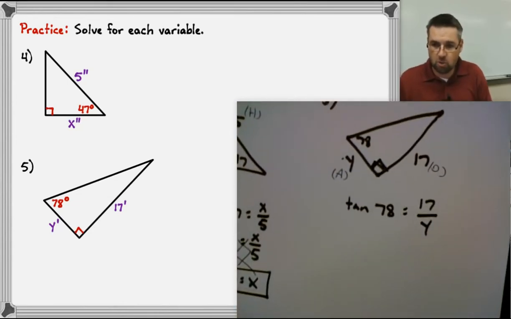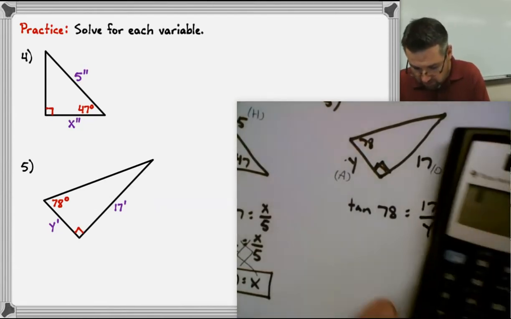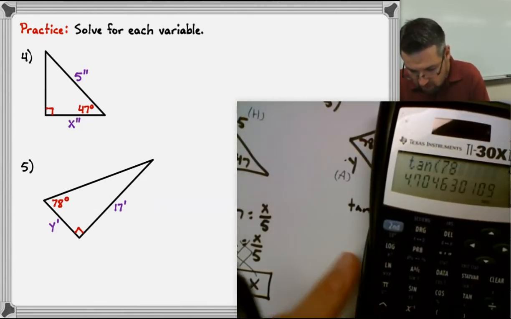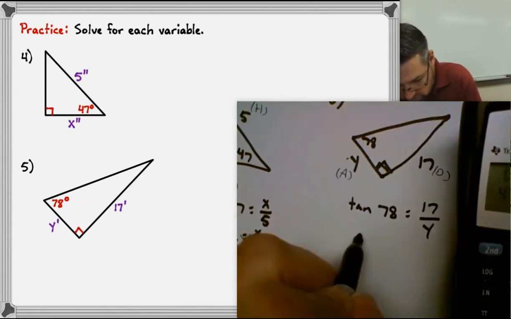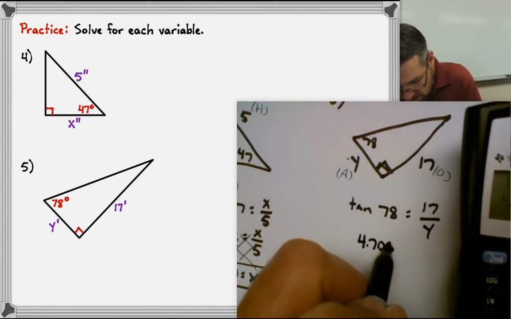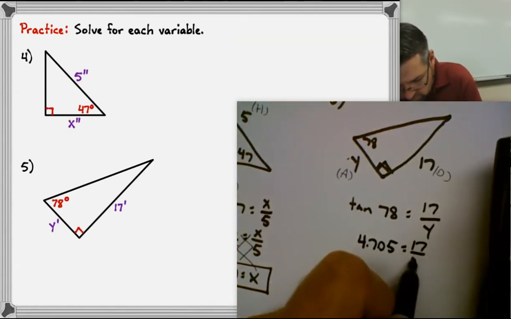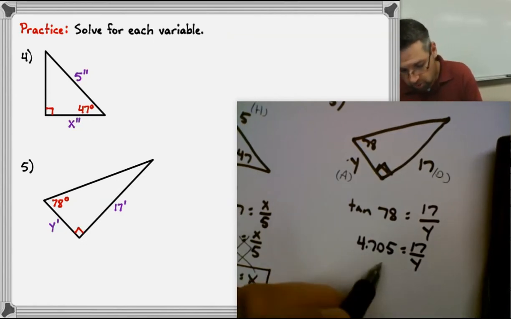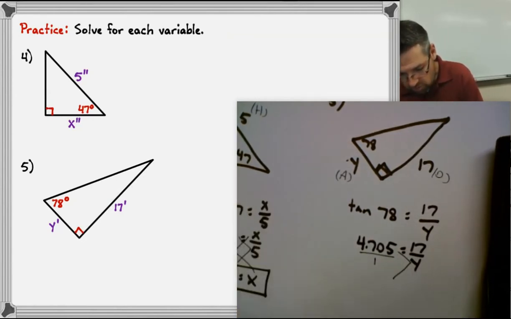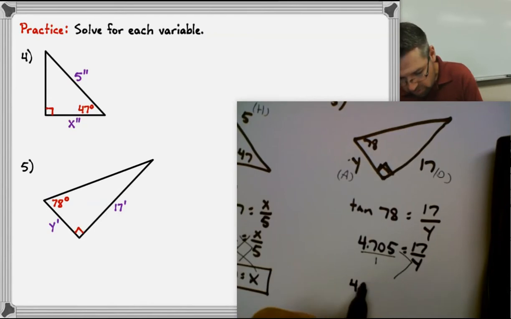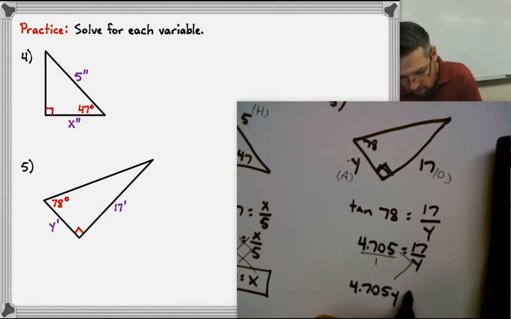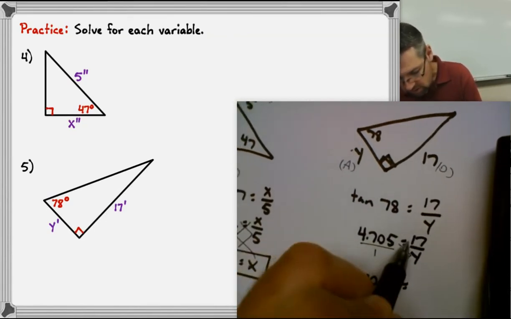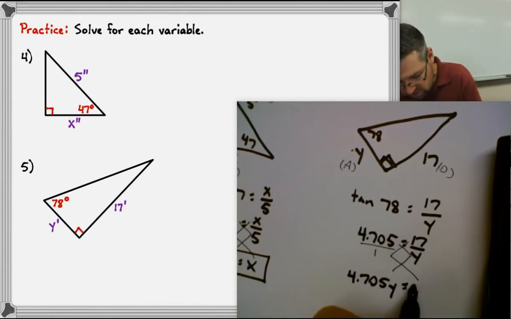And then from here, we're going to use our calculator to find tangent of 78. Tangent 78 is equal to 4.705. And then from here, we'll put it over 1, cross multiply. So we end up with 4.705y equals 17 times 1 is 17.